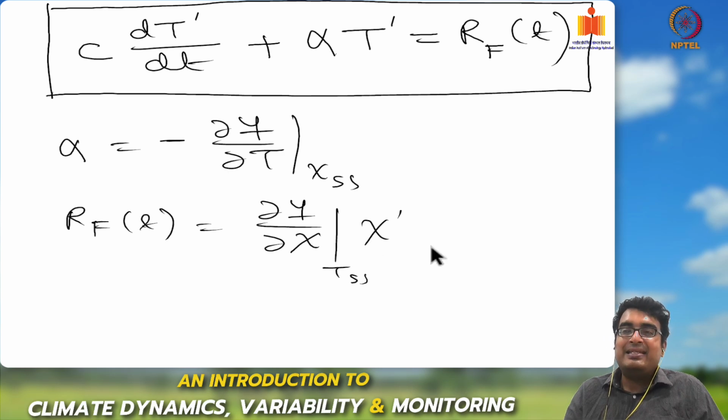So here X is say the mole fraction or the mass fraction, that is the molar mixing ratio or the mass mixing ratio of the greenhouse gas.